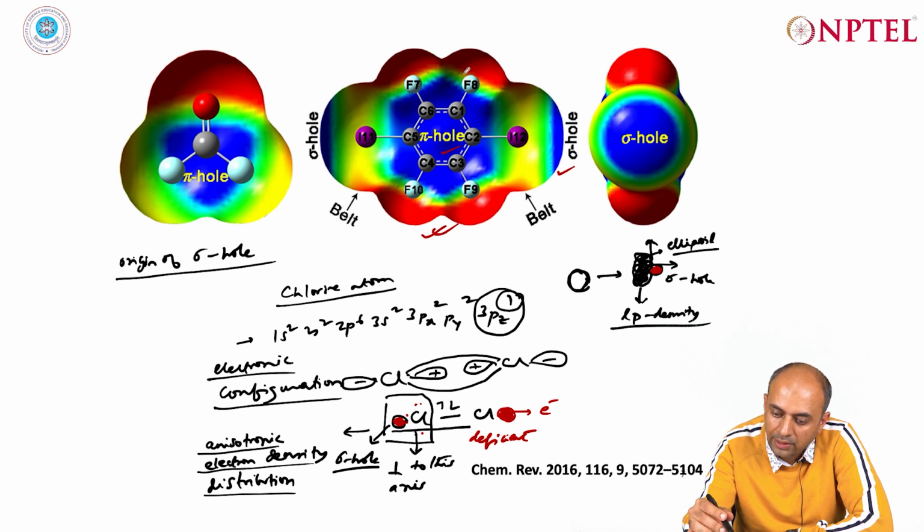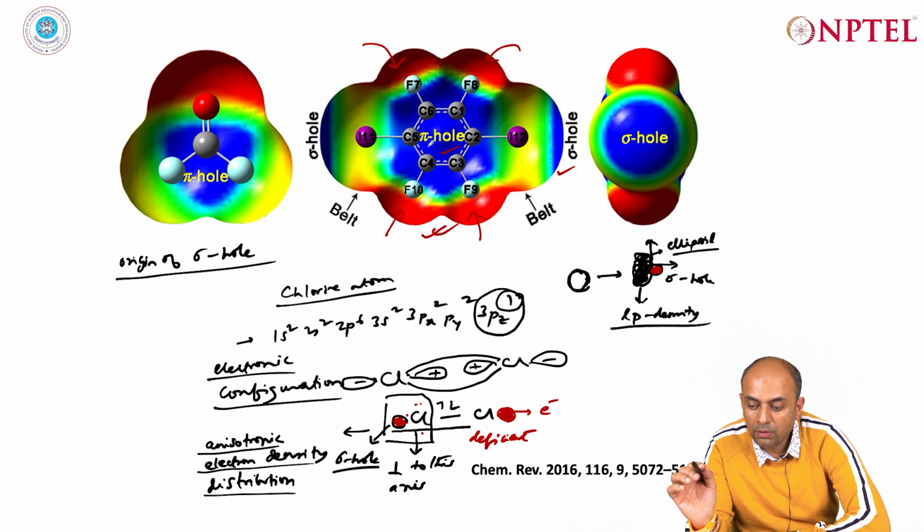Why? Because the fluorines have withdrawn the electron density, and you will see the electrostatically negative regions corresponding to the fluorine. So this is the negative belt, and the sigma hole is the positive belt, and the pi hole, which is again above and below the plane of the molecule, is the positive belt.